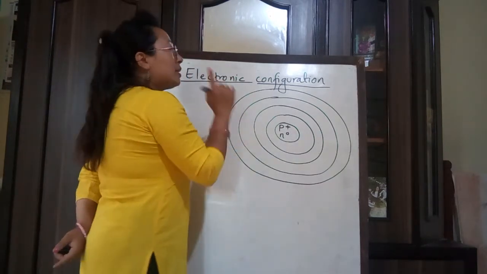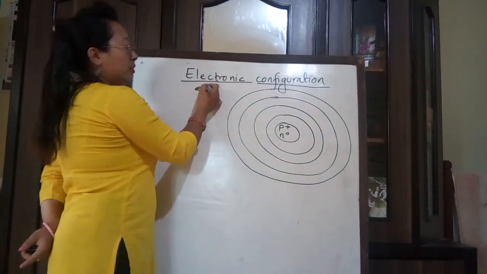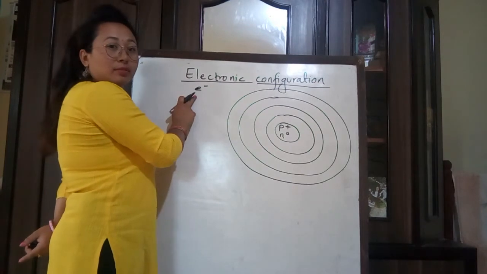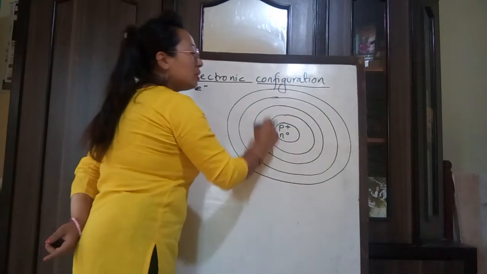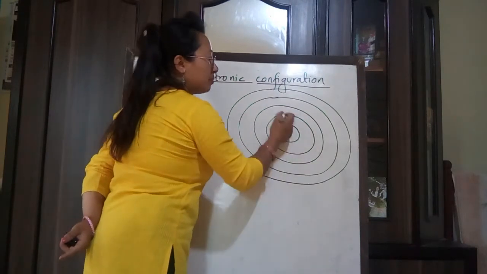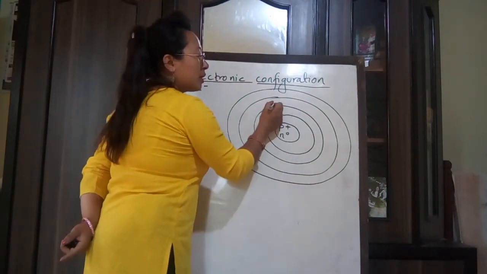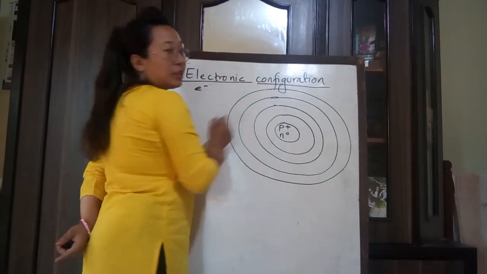Whereas the electron, do you know where it lies? The electron obviously lies on these orbits: first orbit, second orbit, third orbit, fourth orbit.